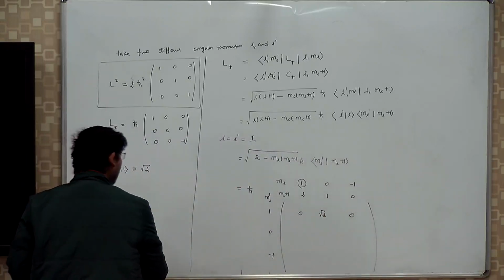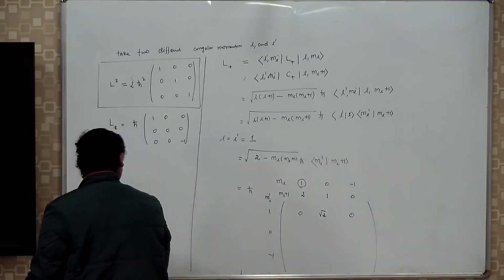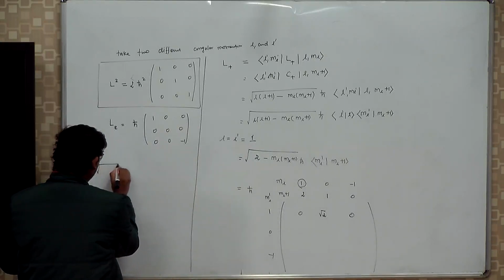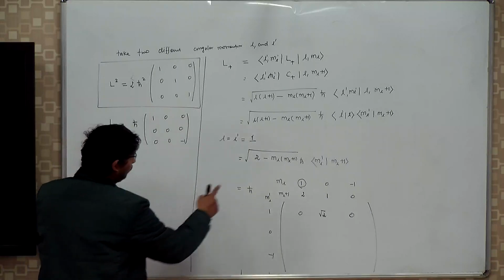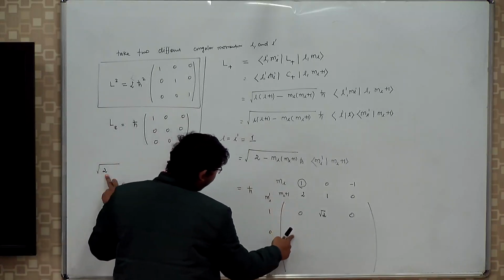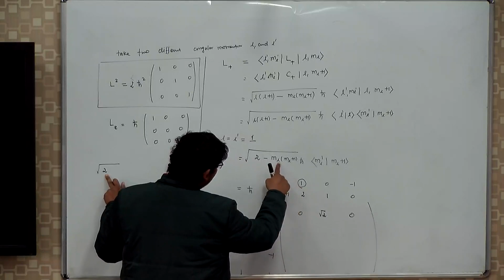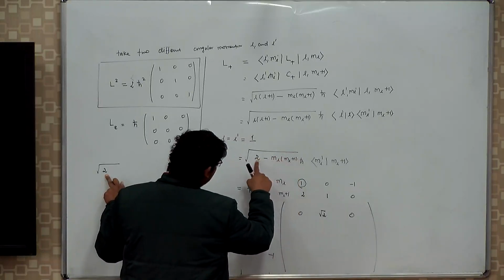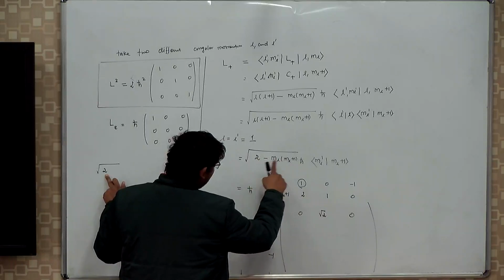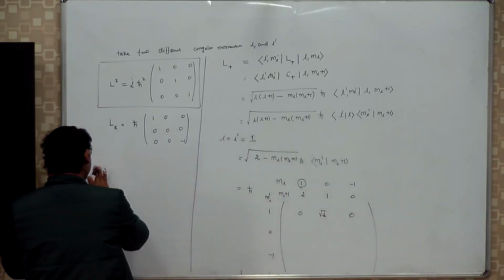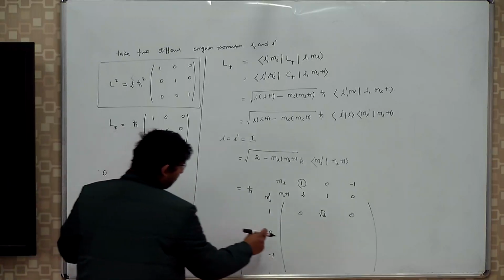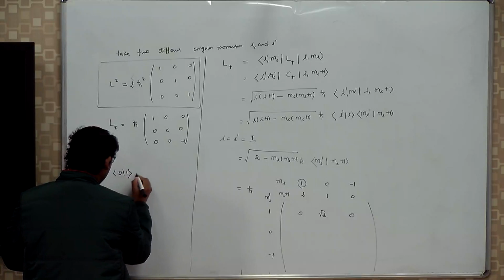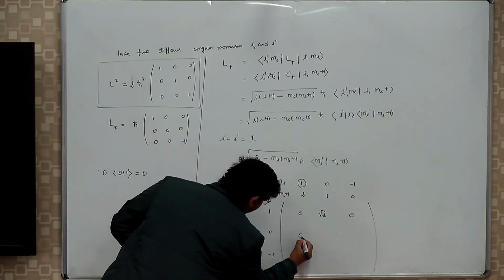Comes to inner product between 0 and 2, then square root of 2 here, the value of mL is nothing but 1 again, so here this will be again 2, then 2 minus 2 will give you 0, and inner product between 0 and 1, again this answer will be 0.